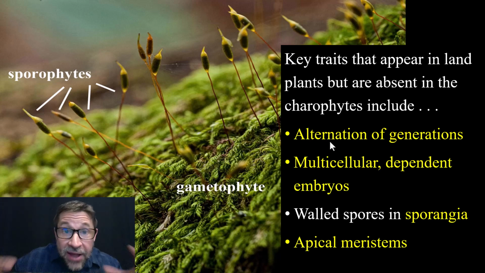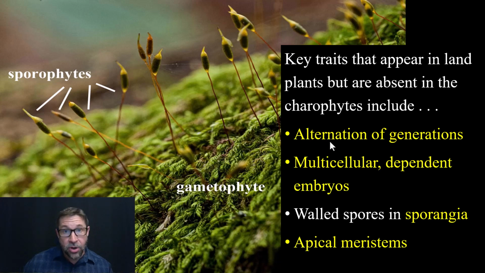So, as part of that life cycle that we call the alternation of generations, multicellular plant embryos develop from zygotes that are protected within the tissues of the female parent. The parental tissues protect the developing embryo from harsh environmental conditions, and she's going to provide nutrients to that embryo, such as glucose and amino acids.